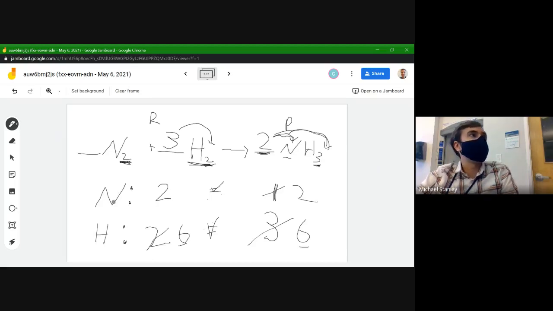Yes, the nitrogens, we have to have the same number of nitrogens on the reactant and product side. And we have to have the same number of hydrogens on the reactant and product side. We do not have to have the same number of nitrogens as we do of hydrogens, right?